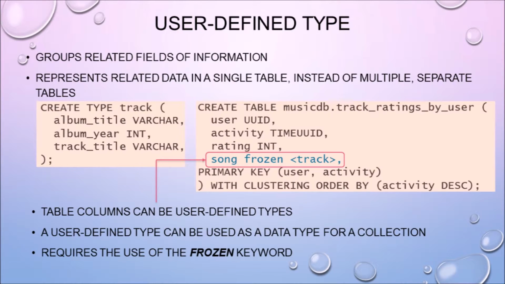The way you create a user-defined type is not very different from the way you create a table. It's just that you don't have the primary key or clustering order by clauses. You leave those two bits out, and this is how you define a user-defined type. And you always have to use the keyword frozen when you use a user-defined type. There's another big explanation on why you have to use frozen, but we'll leave that out for now.